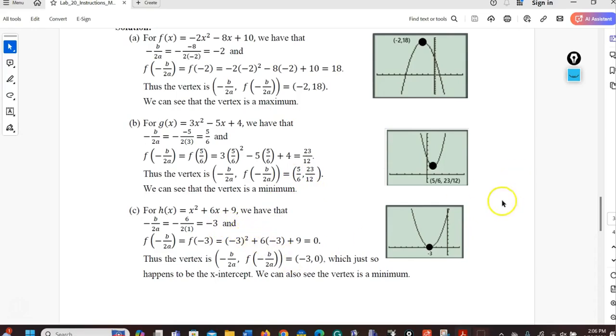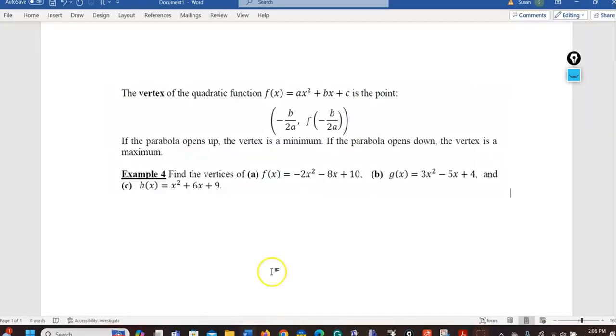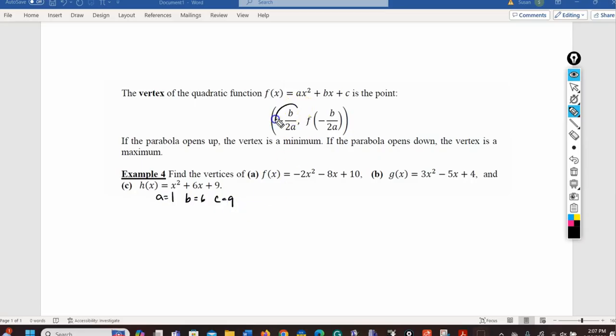And then finally for the last one, let me get back here. What about that one? So let's identify the A, which is going to be 1, B is equal to 6, and C is equal to 9. So let's get the x coordinate of the vertex.